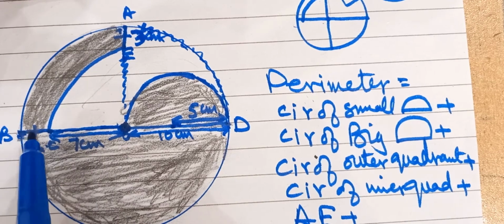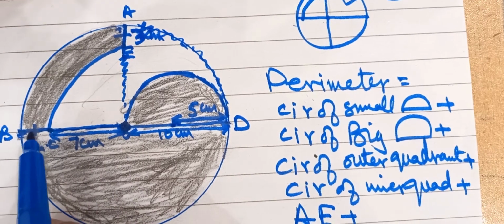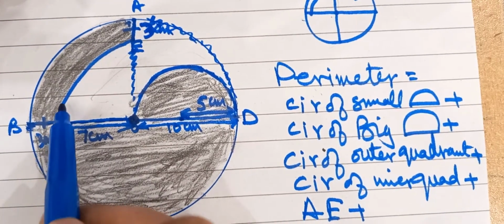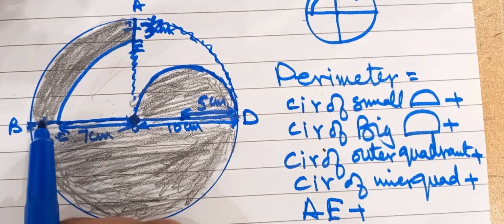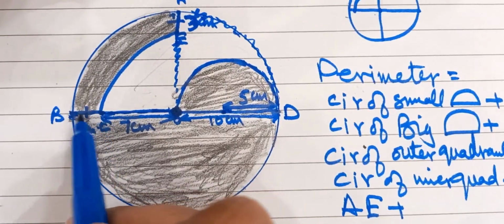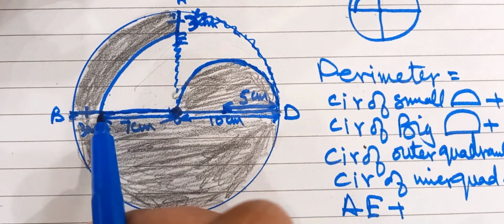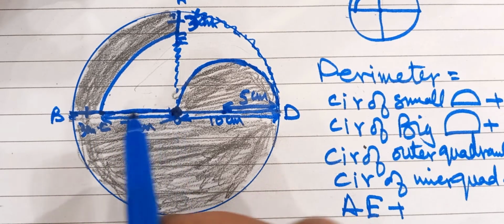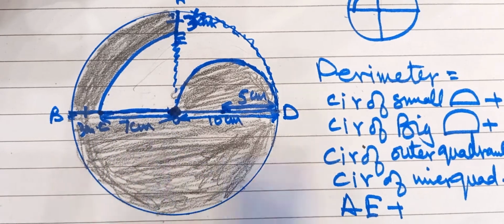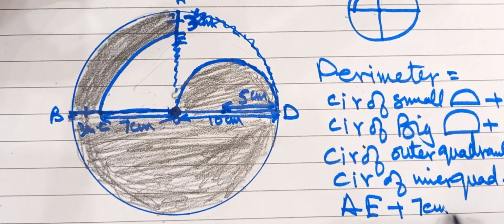This line is not making the inner part of the circle. This line is making the outer part of the circle, which from here to here is 7 centimeter long.